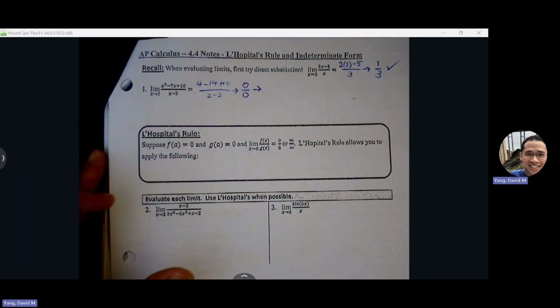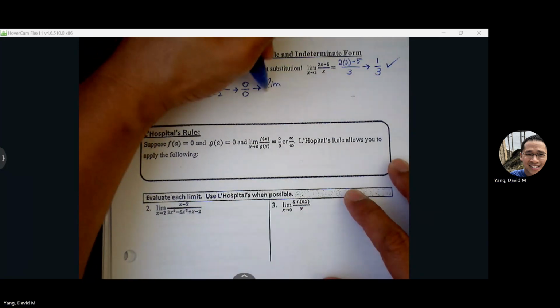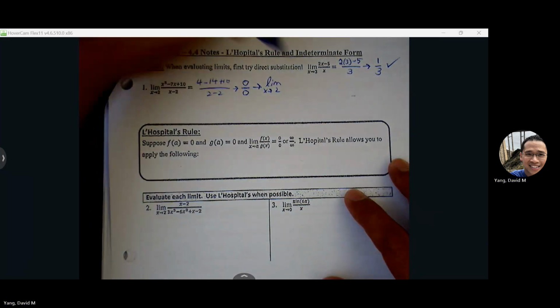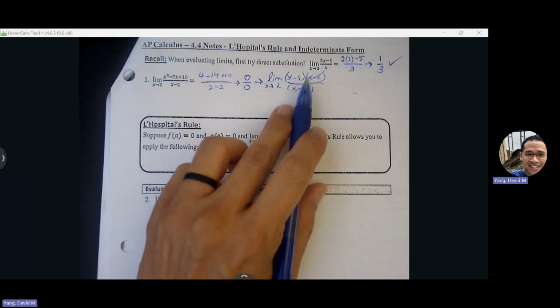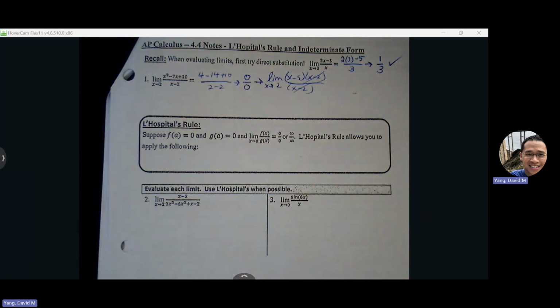And whenever we saw this, we would go through our factoring process: multiplies to be 10, adds to be -7. The factors cancel out. We know the cause of the 0/0 has been removed. Reevaluate our limit, and we get what?